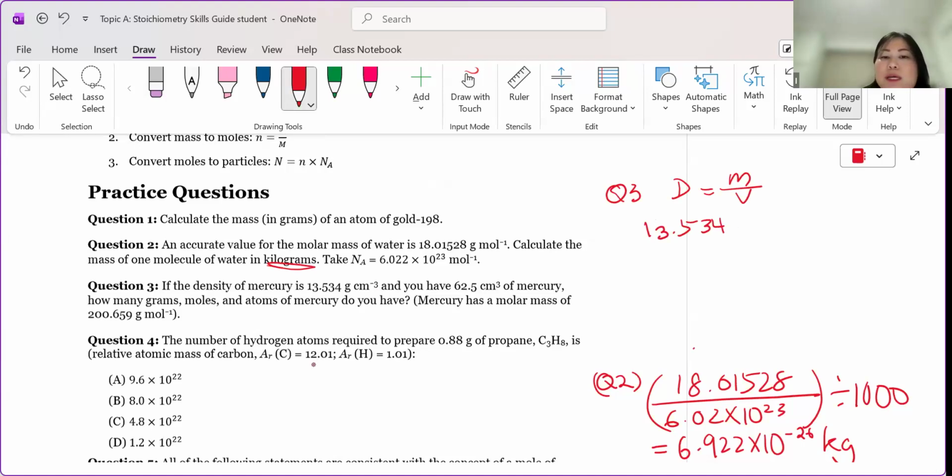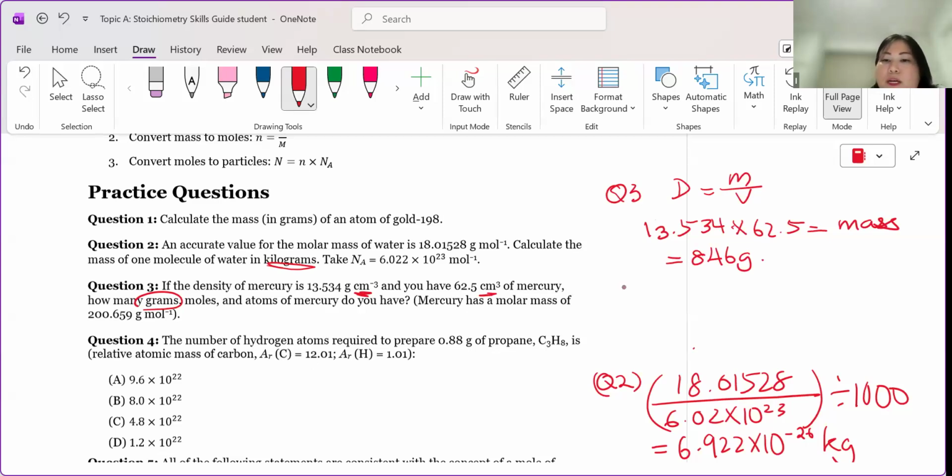So take note, since this is cm cube and this is cm cube, we can multiply directly, and we get the mass. So that's how we answer the first part, how many grams. The mass is equal to density times volume, and that is about 846 grams. Next, they want to know how many moles that is equivalent to, and how many atoms we have.